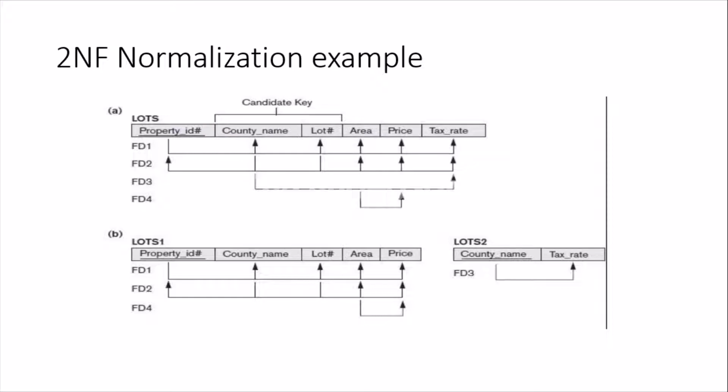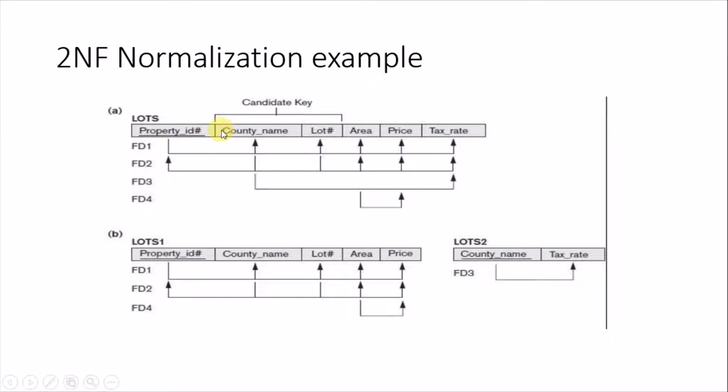These three are non-prime attributes. Property ID number, county name and lot number are the prime attributes. Area, price and tax rate are the non-prime attributes.